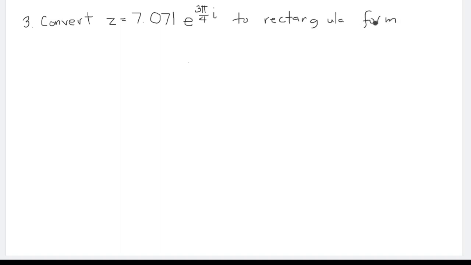But if we remember, we have a formula in solving for rectangular form. If we have r and angle theta, we can solve for our rectangular form. That is, x is equivalent to r cosine theta and y is equivalent to r sine theta.